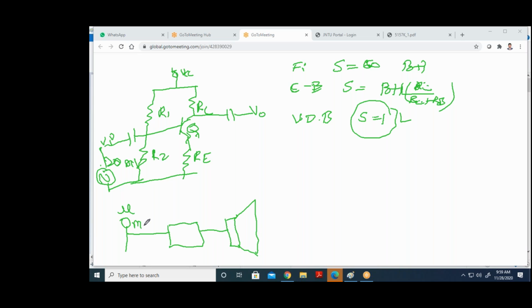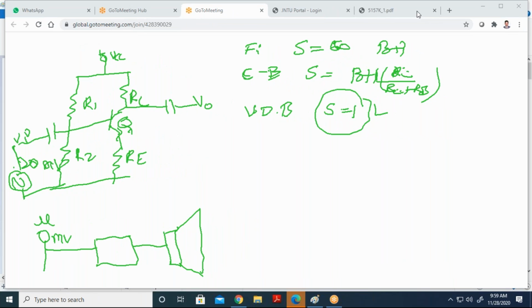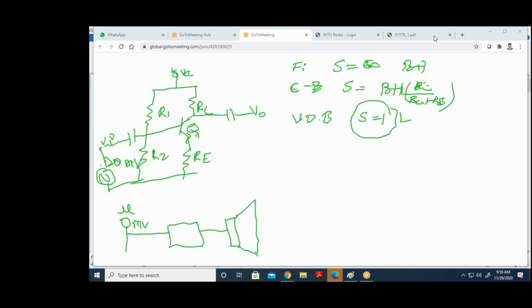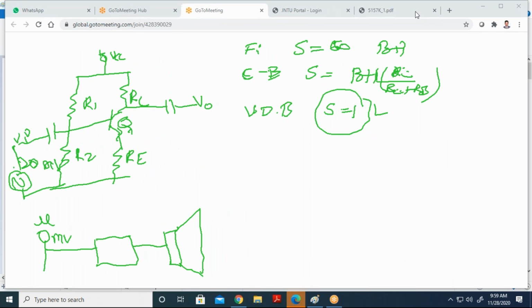Here loudspeaker voltage in volts, more than 10 volts.